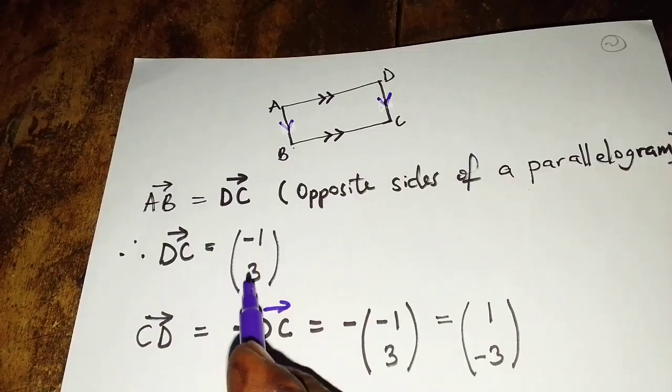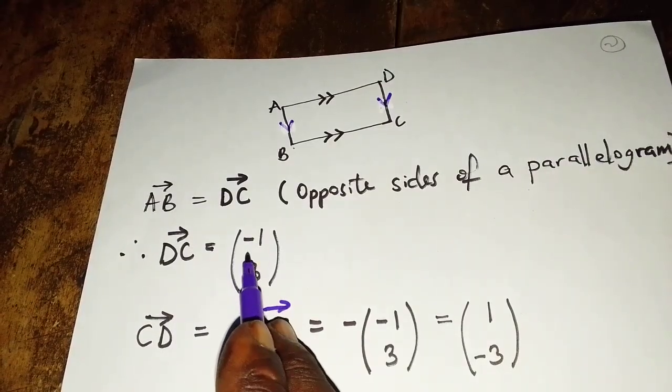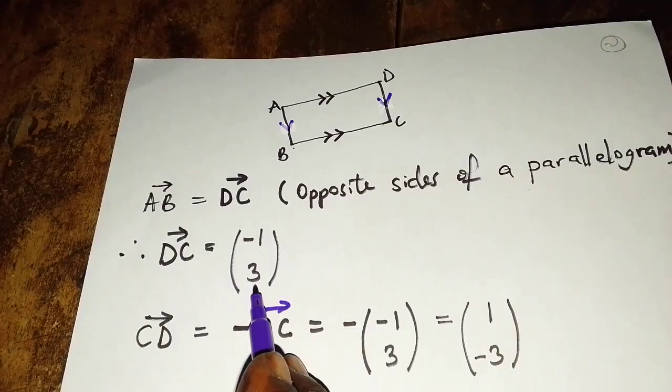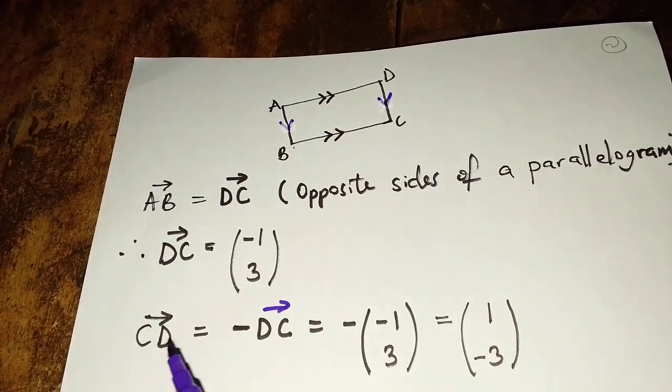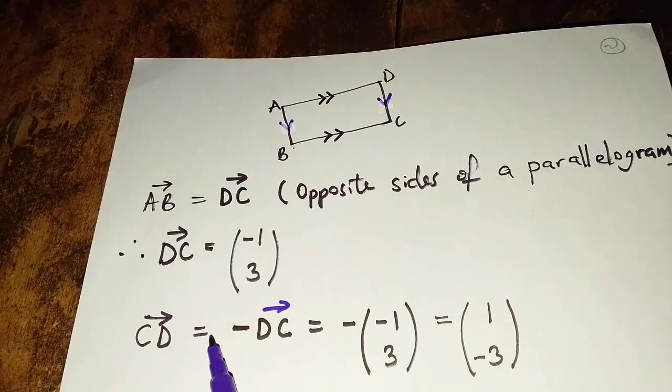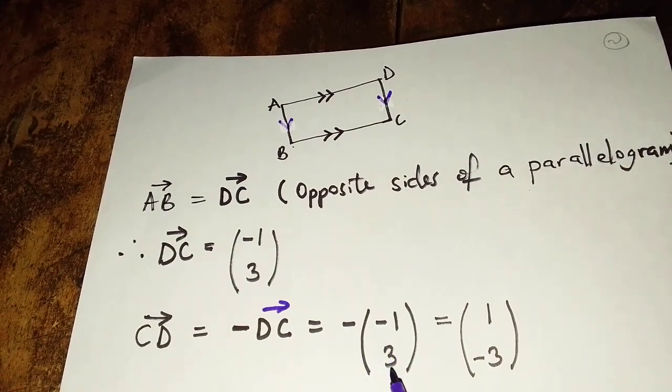DC is -1, 3, when x is -1, y is 3. So you now multiply it by minus. That means CD is minus of -1 and 3.